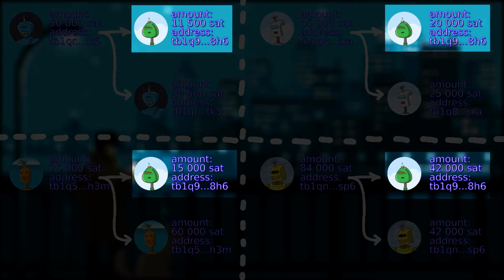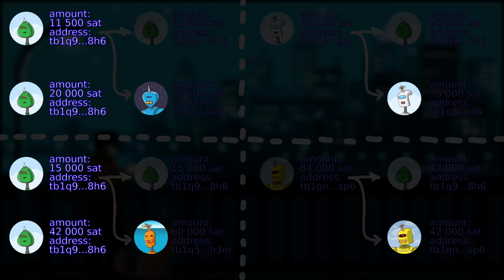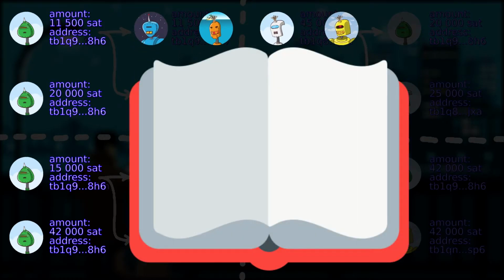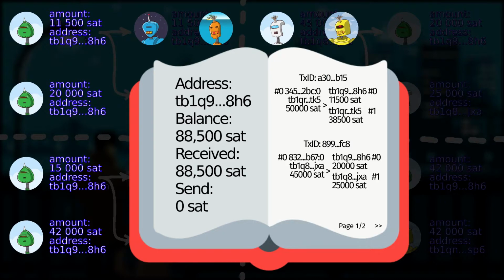Clearly, I've been giving out the same address to others to send me funds, which is a problem because anyone who has my address is able to query the Bitcoin ledger and find out how much I have on this particular address. Not only that, they will be able to see every transaction I have ever made or received. This is an obvious no-no for privacy.